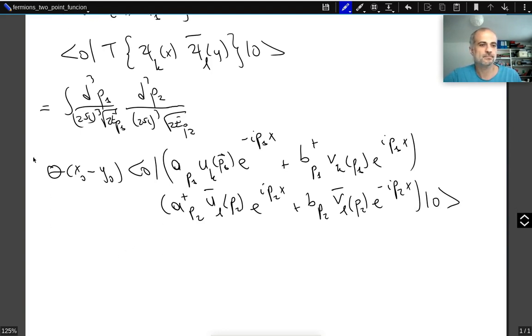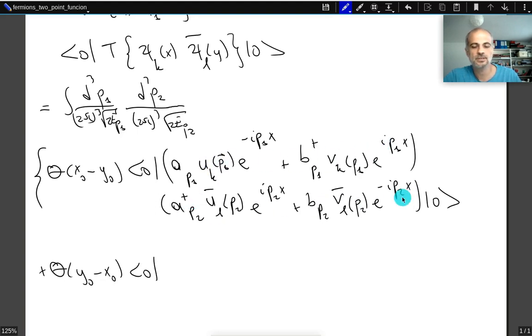In the other case, if y0 is larger than x0, then these two terms have to change their position.